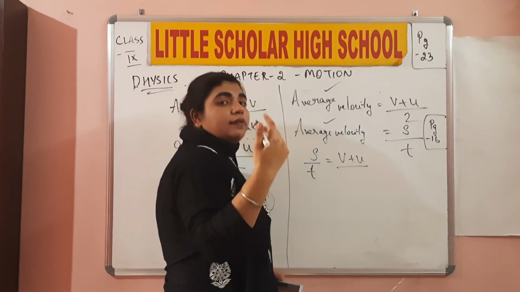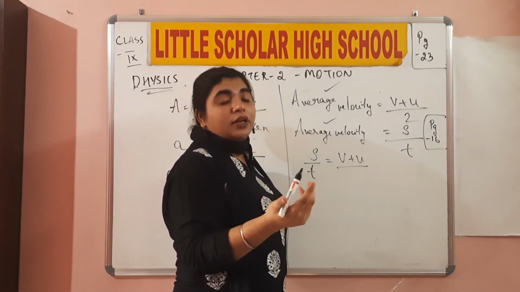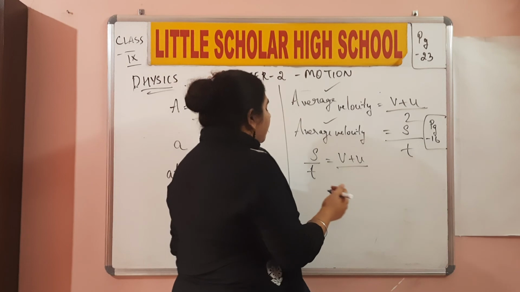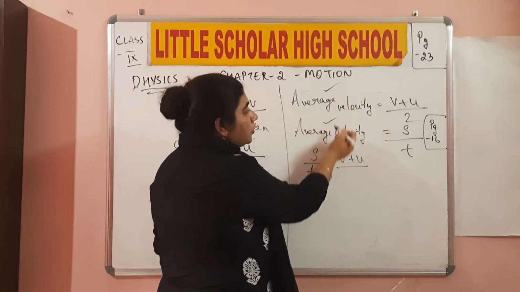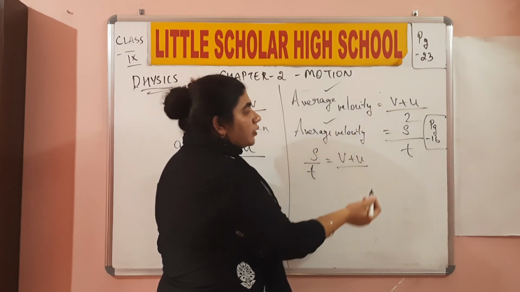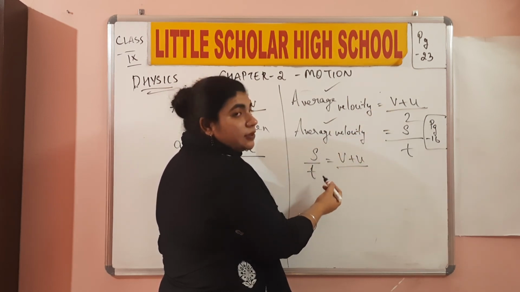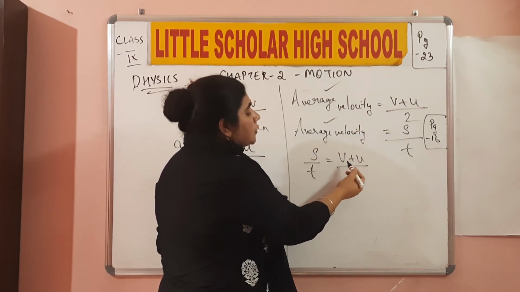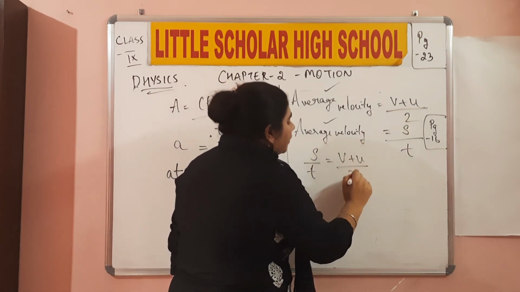Similarly, we also have another formula for average velocity: displacement by time taken. So I know the LHS of these two equations is the same, so we can also equate the RHS. So S by T, which is displacement by time, is equal to V plus U by 2.